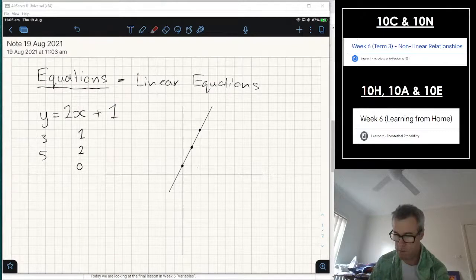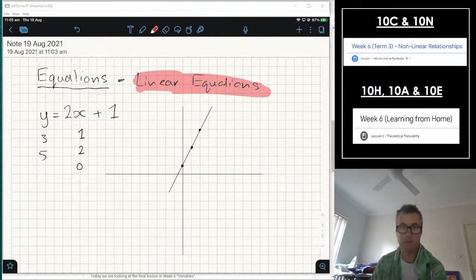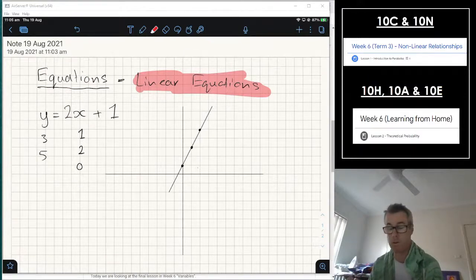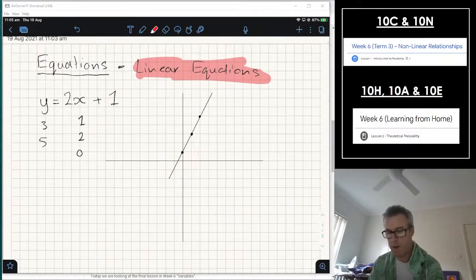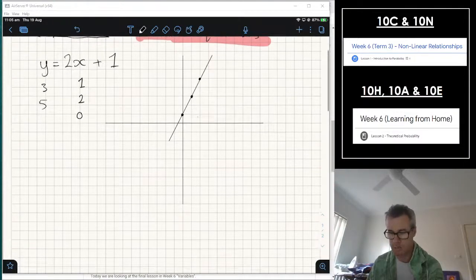Hence the term linear equations, right? We're creating lines based upon equations. Thing about parabolas is that they work in the same way as what we're doing here, except we have one tiny difference.